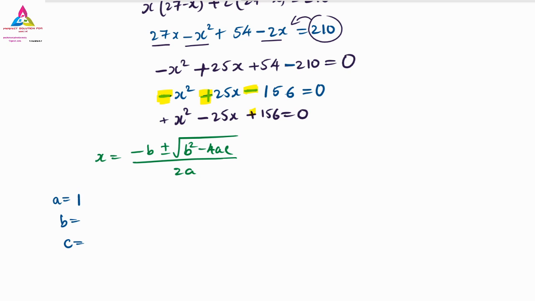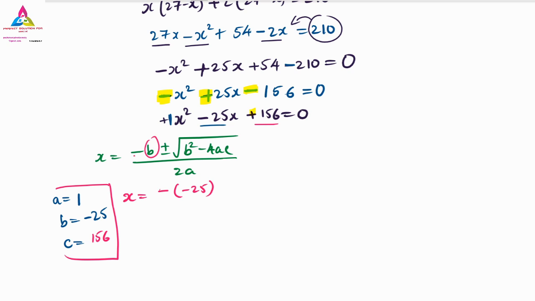A value is 1, because here we have plus 1. Here we have minus 25, that is the b value. And the c value is 156. Very good. Now we substitute in the formula. x equals minus b, that is minus of minus 25, because the b value is minus 25.